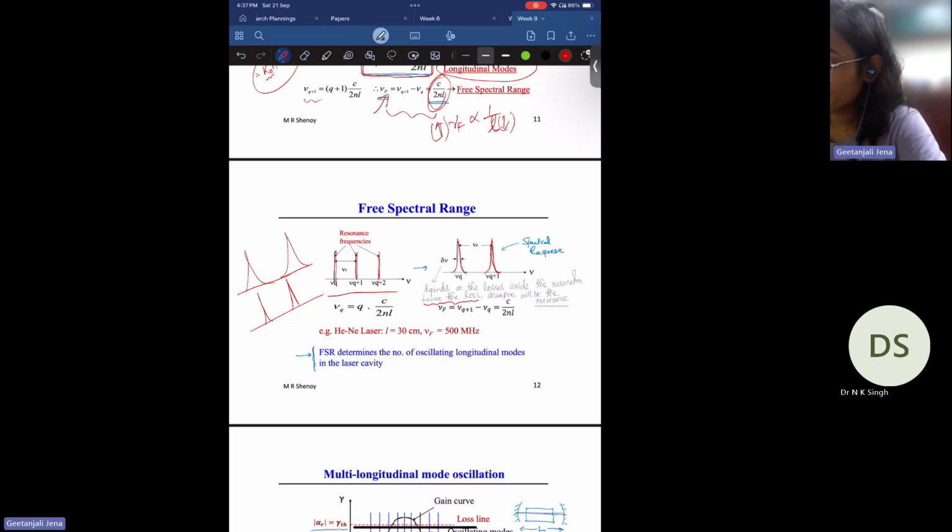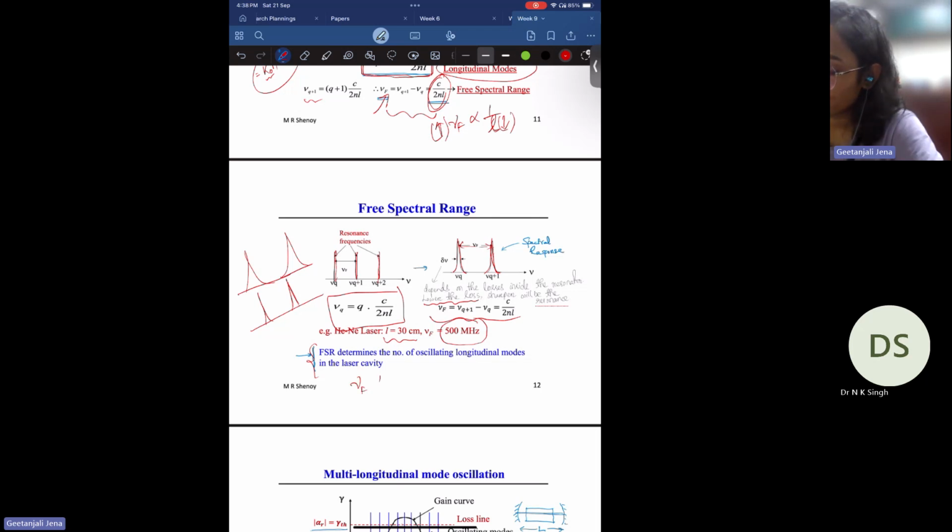We have already seen these are the longitudinal modes, and this is the free spectral range, the separation between the nu q and nu q plus 1 modes. For a helium neon laser with a length of 30 centimeters, nu F comes around 500 MHz. This FSR, nu F, determines the number of oscillating longitudinal modes in the cavity.